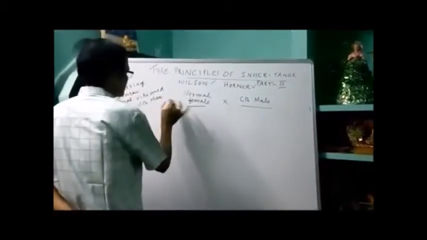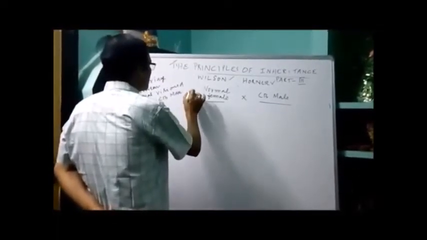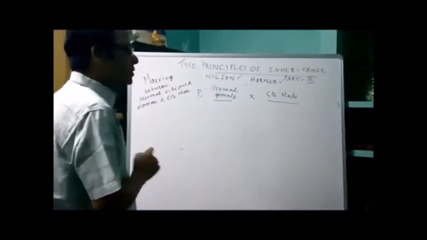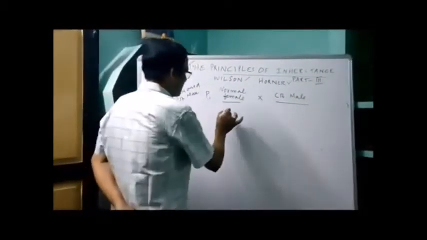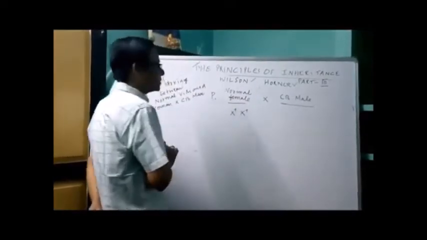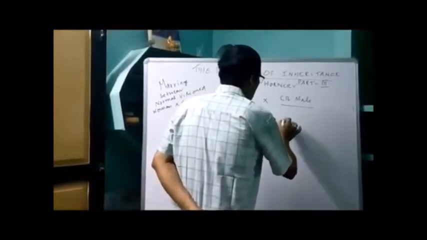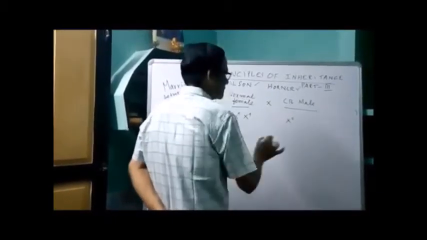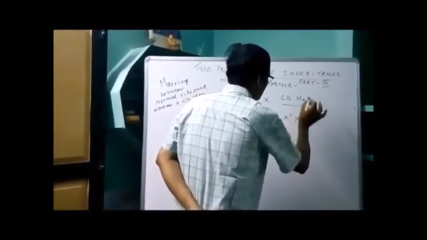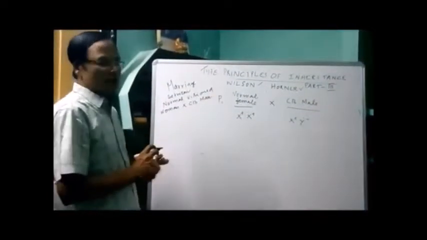These are the parents, which I am representing as P1. The normal female has this genotype. The colorblind male has a recessive gene and no corresponding allele in the Y chromosome. This is about the genotype and the phenotype.